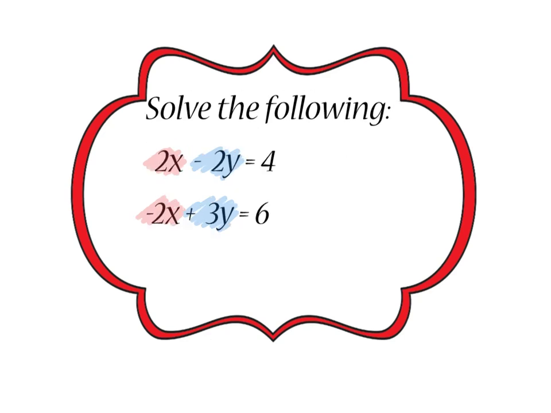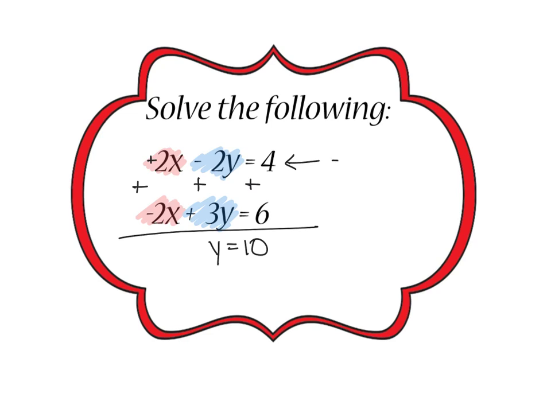For this system, I have 2x and negative 2x. So since those match up, but one's positive and one's negative, I can go ahead and just add, and those will cancel out. So I have negative 2 plus 3, which is y, and 4 plus 6 is 10, so y equals 10.